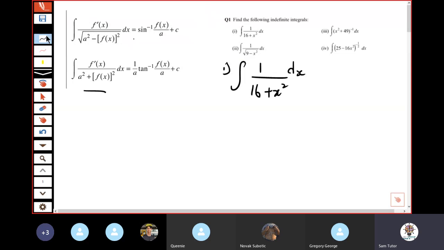Sec squared is tan. Cosec squared is negative cot. So every time there's a co in front of it, it's just going to be negative. Co-negative. Negative cot is cosec squared, I get it from sec squared. Sec theta tan theta.